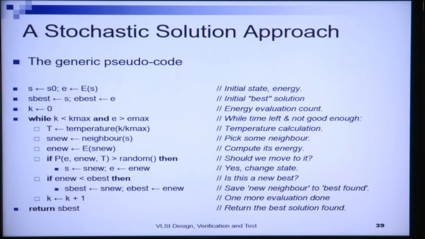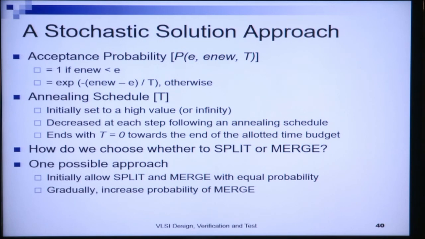If E new is less than E best, that is, if the new solution is better than the current best that I have, then I need to update E best and S best. And then I go to the next iteration. So how is this acceptance probability calculated?